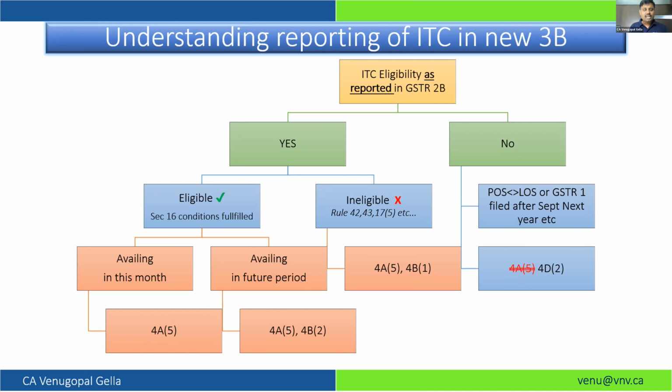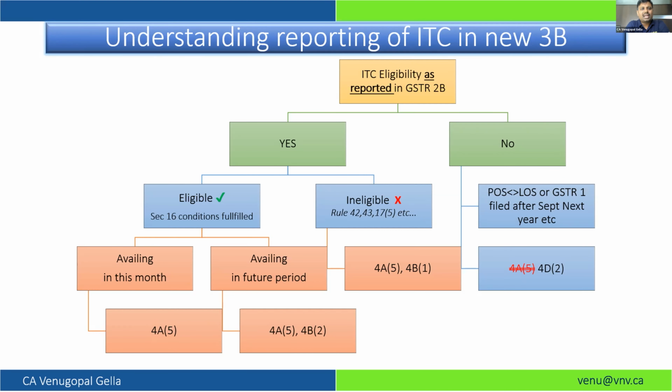All that I'm trying to say is if there is a credit in 2B, it would be automatically reported to 4A. After getting reported to 4A, if you have nothing to reverse, it itself will become eligible credit, net credit in 4C. But for some reason you have to reverse, you will be reporting the reversal in 4B.